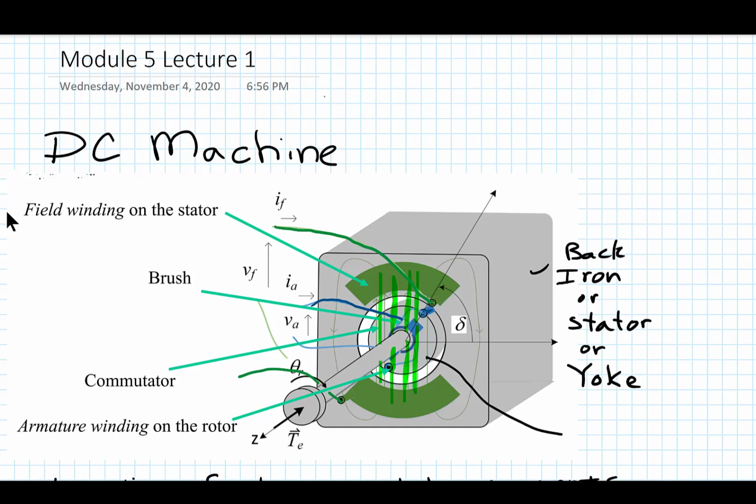So there has to be a means for the electrical wires to connect to something that's rotating and produce this current in the winding. And the winding would be wrapping axially down the z-axis here of the rotor, and then coming back on the other axis.